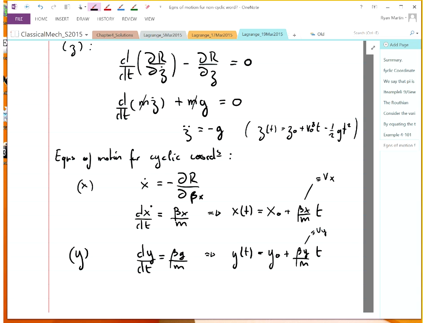Now, I guess I'll leave it up to you what you want to do. I have two options. Option one is I can do another example of the Ruthian. So it's carrying out this procedure again, but with something a little bit more complicated. And that would probably take the rest of the lecture.